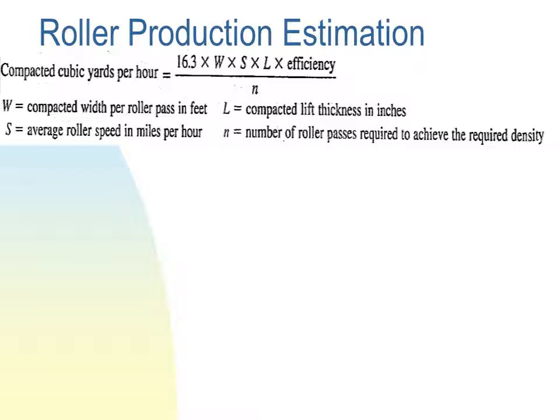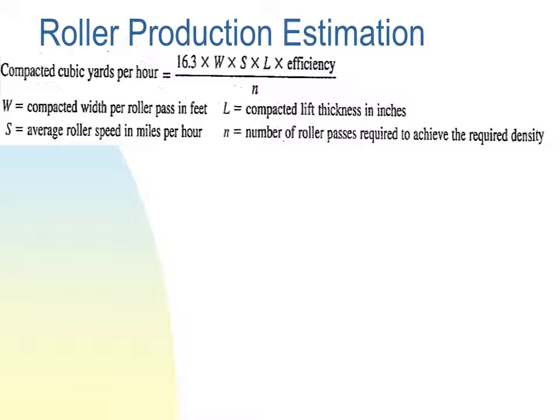Okay, what if we need to use SI units? If you use SI units, it's very simple. You don't need the 16.3, and you use consistent units. So remove the 16.3, forget about it, and you will have W in meters, S in meters per hour, L in meters.